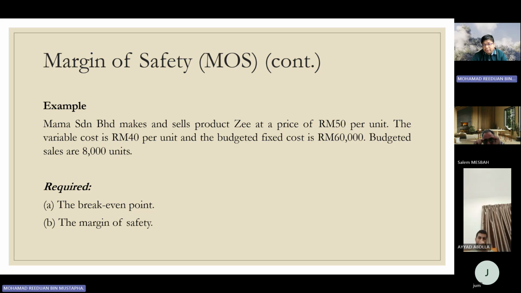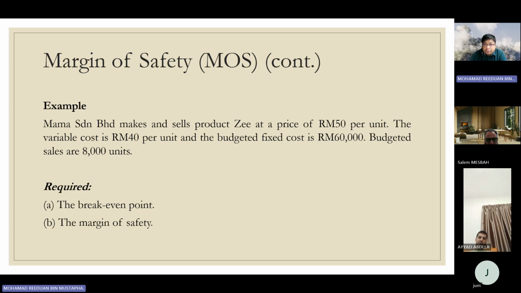So if we convert 6,000 units to ringgit, how much? 6,000 times 50 is 300,000. So for these questions, if they don't mention units or ringgit Malaysia, it's better to answer both. So the break-even point is 6,000 units or 300,000 ringgit Malaysia.